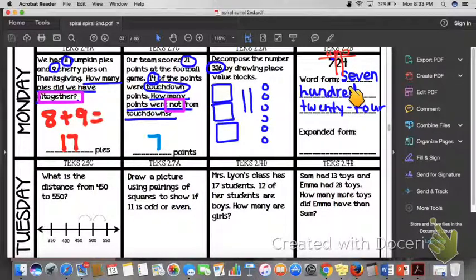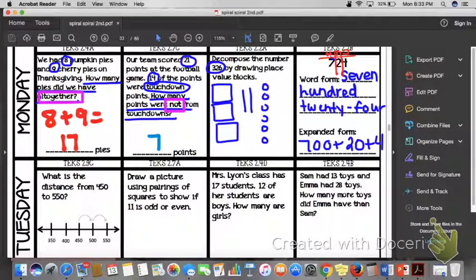So my 4 is in the ones place, my 2 is in the tens place, and my 7 is in the hundreds place. So 7 is in the hundreds place, so the value is 700. The 2 is in the tens place, so my value is 20. And my 4 is in the ones place, so my value is 4.